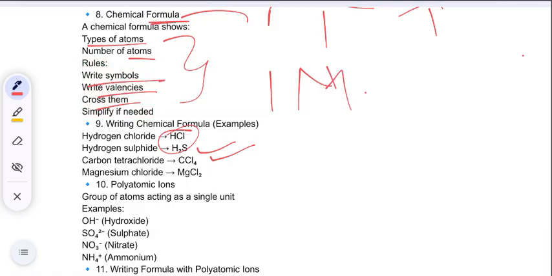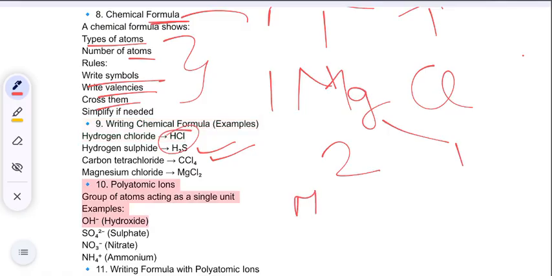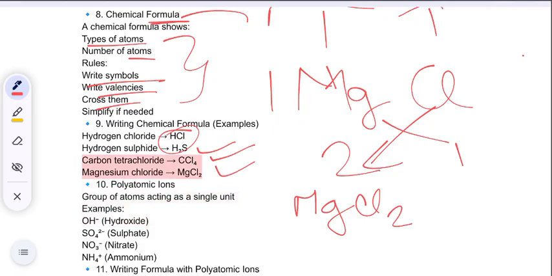Magnesium's valency is 2 and chlorine's valency is 1. Cross multiply: Mg1, but we generally don't write Mg1, we just write Mg. Cl2, so the formula is MgCl2.